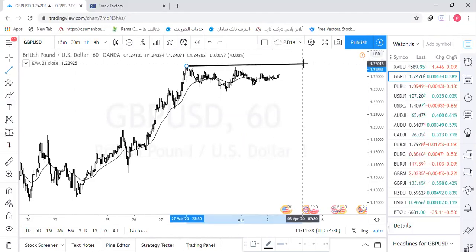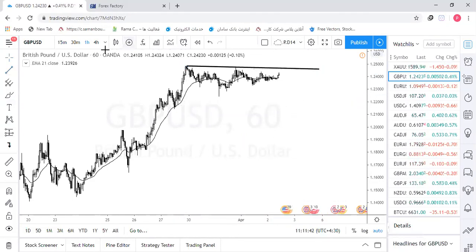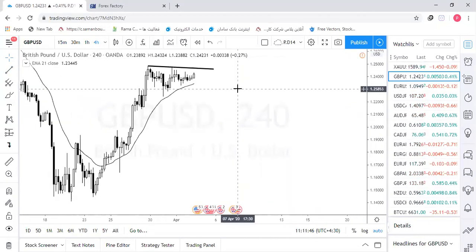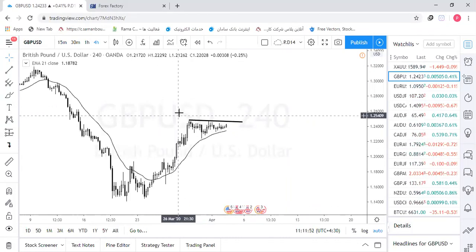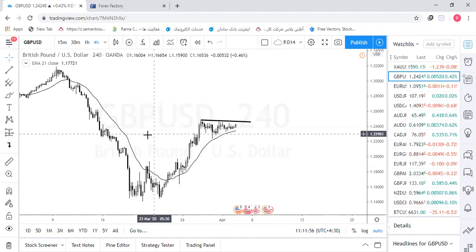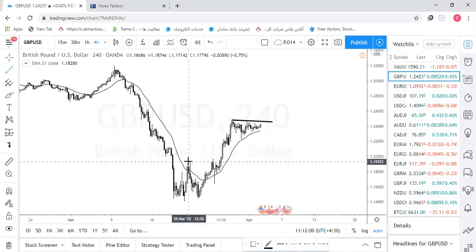I see price has this correction line as the most important correction line in the 4 hours time frame. You can see, yeah, and I see price is making higher lows. Price is still above the EMA, and actually we have good things here.